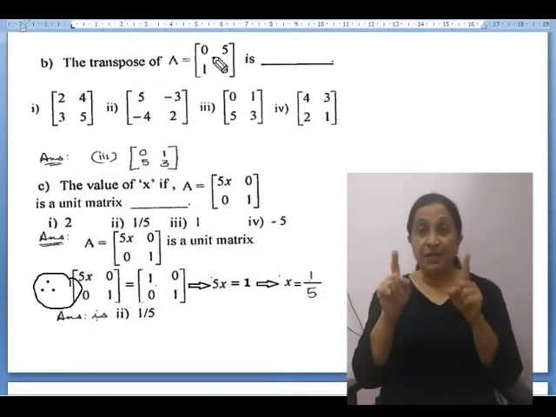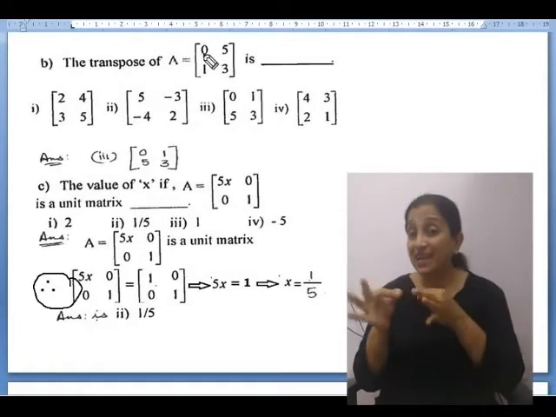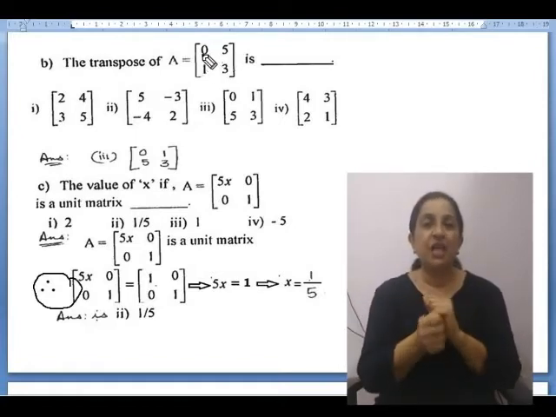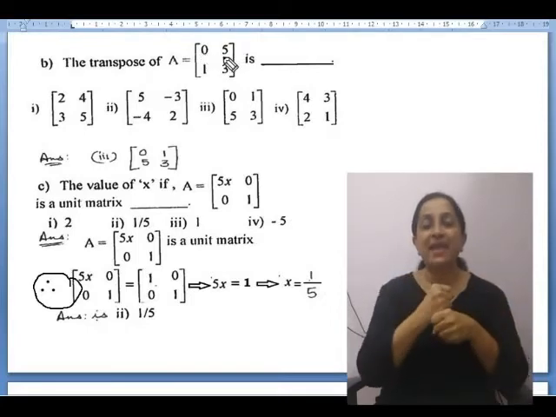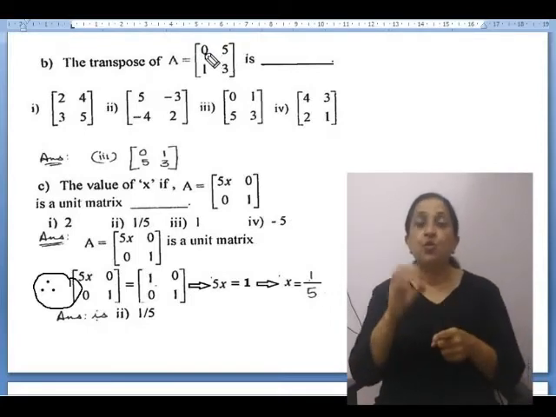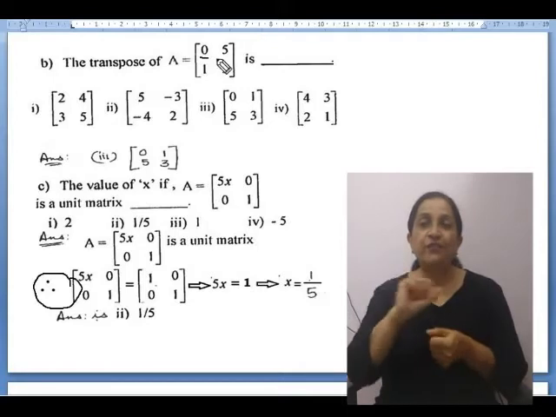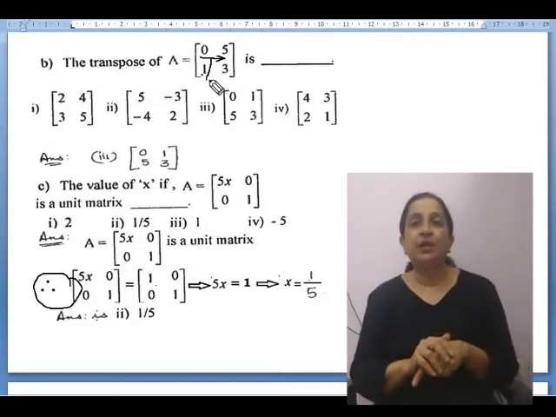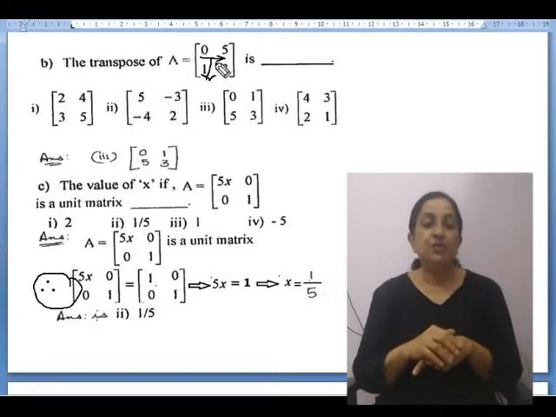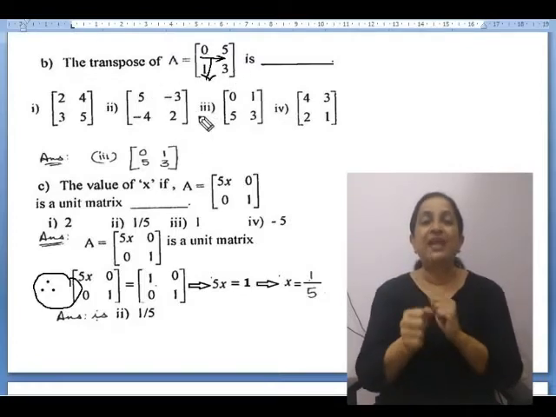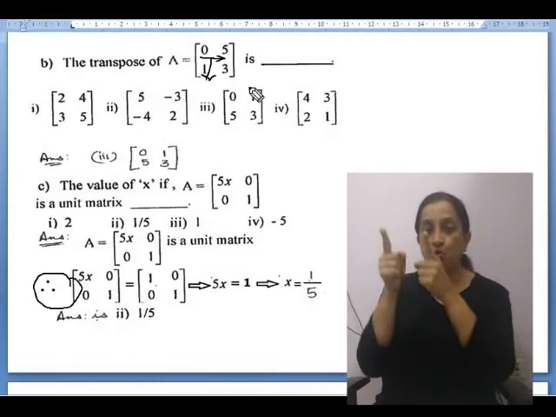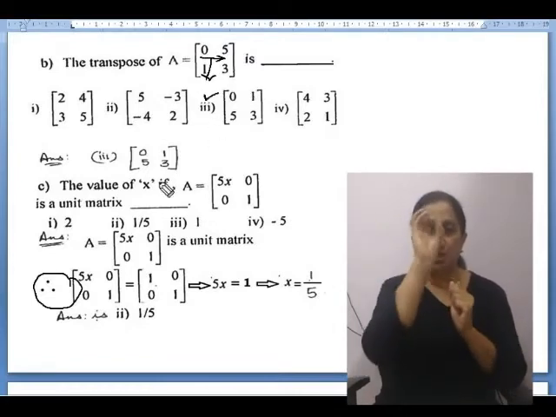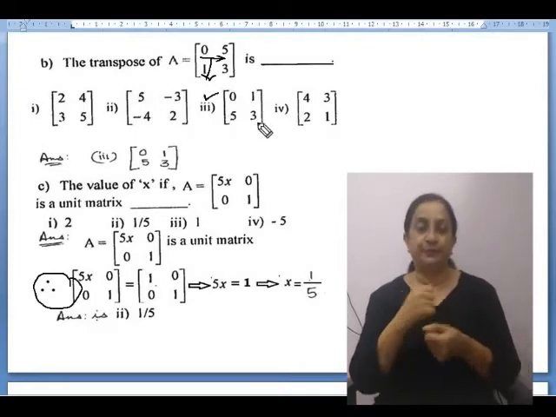Now transpose is defined as you put the rows as columns. Okay, so the row is 0, 5, so you put it as a column. When you put it as a column, row becomes column like this. So 0, 5 becomes the first column. So you find out where 0, 5 is the first column. This is the answer. Okay, so 0, 5 and 1, 3.